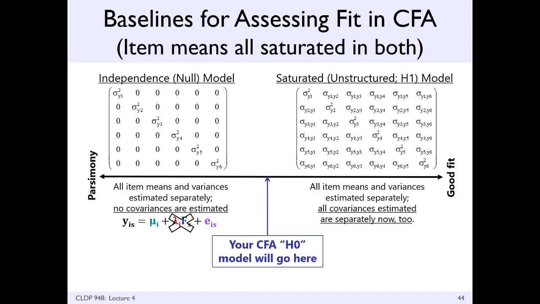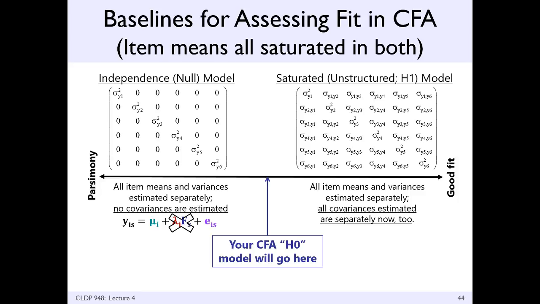This is just the data. This is not a model in the sense that it's trying to predict anything. It's just trying to perfectly reproduce the data points going in. It literally estimates just the means, the variances, and the covariances. It doesn't try to predict them with any other kind of model parameter. So it is always going to be the best fit. This is the best you can possibly do, is just to let the data be what they are.